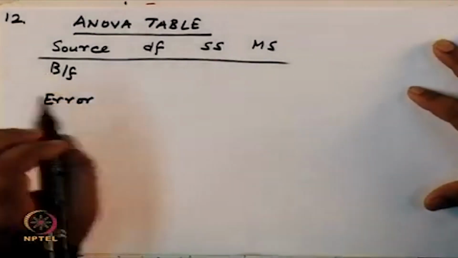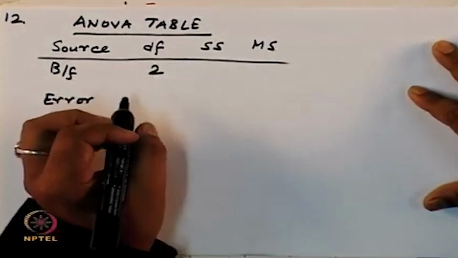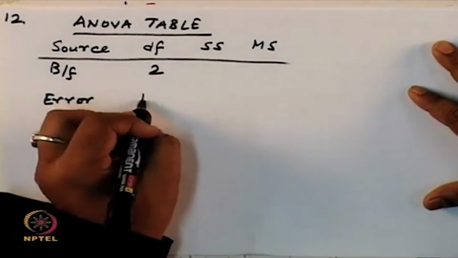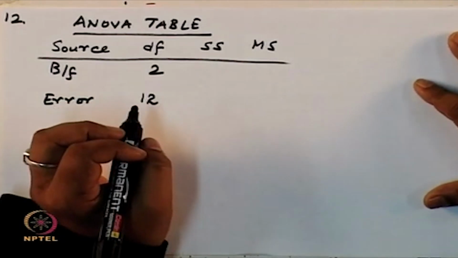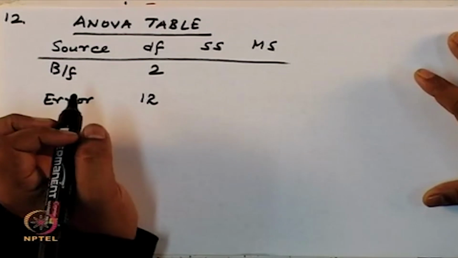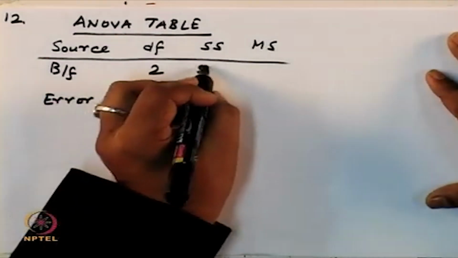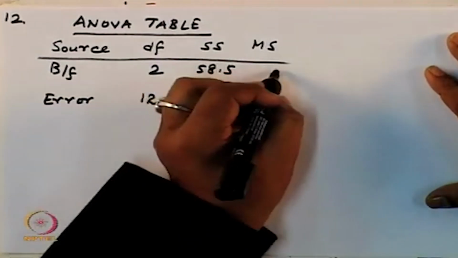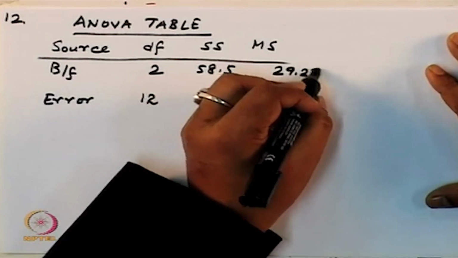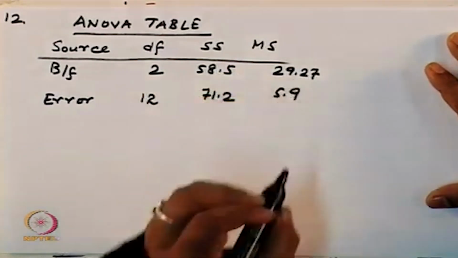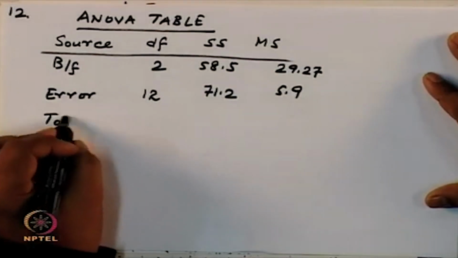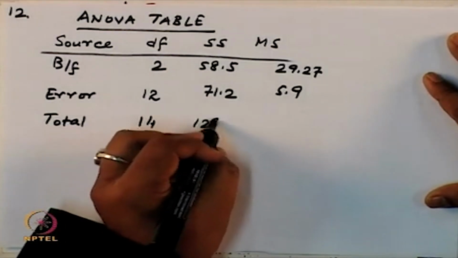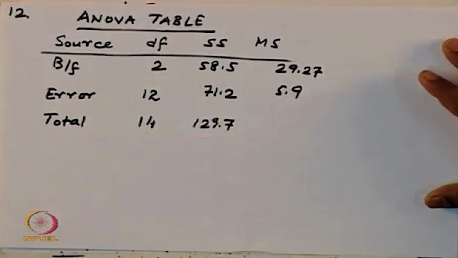For breakfast your degrees of freedom is 2 because k is equal to 3. For error you have 12, since n minus k with n equal to 15 gives you 12. This we calculate as 58.5, this you calculate as 71.2. You can accordingly calculate MST and MSE, and you can do the total. This is 14, this is 129.7. So, this is your ANOVA table.